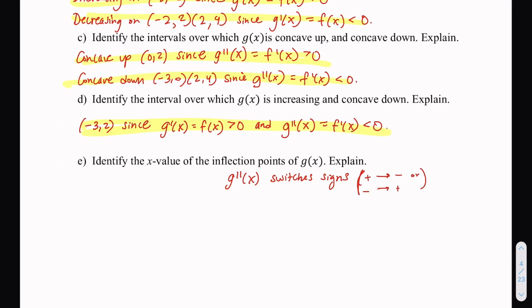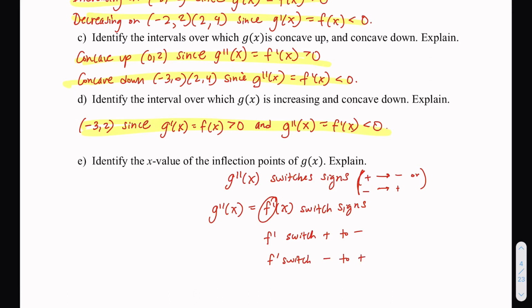So again, we don't deal with g double prime. g double prime is actually f prime of x, and that's what we need to switch signs. Well, if f prime is switching signs, that means that f prime can switch from positive to negative, or f prime can switch from negative to positive.